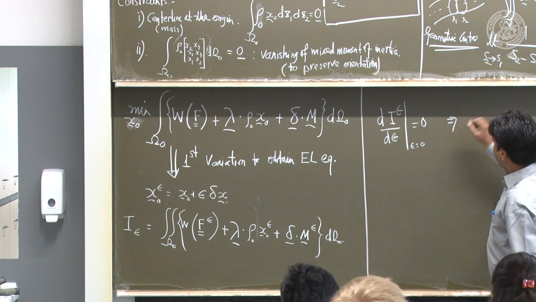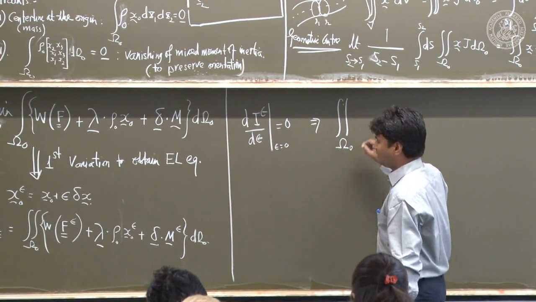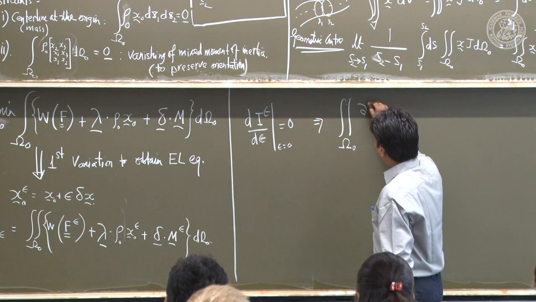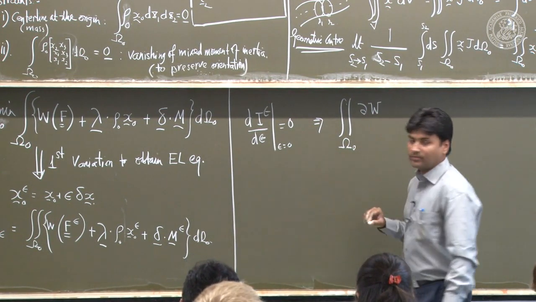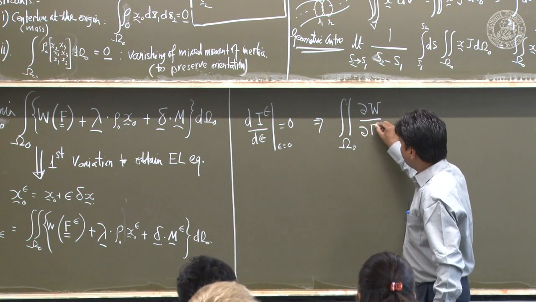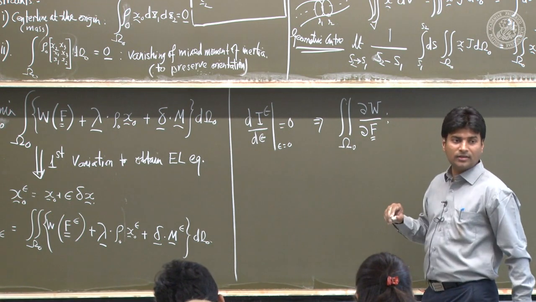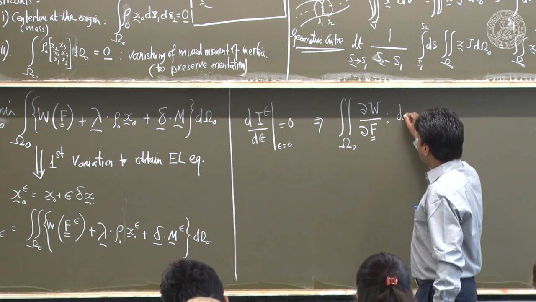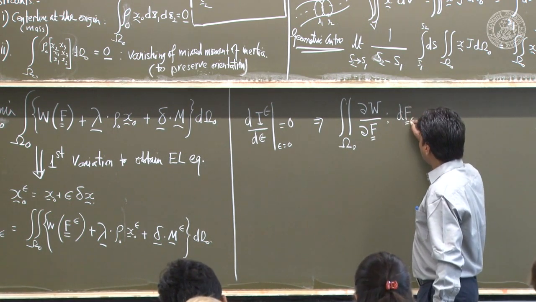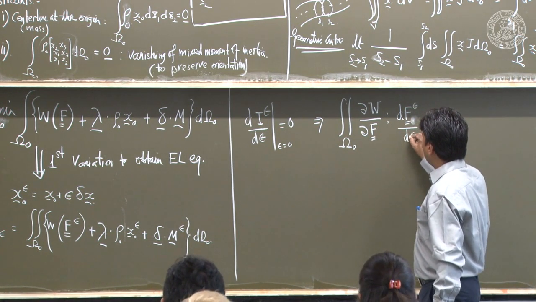So we go over there, integral over omega naught, and then you use chain rule for the first term, which becomes del W over del F, double contraction dF epsilon over d epsilon.